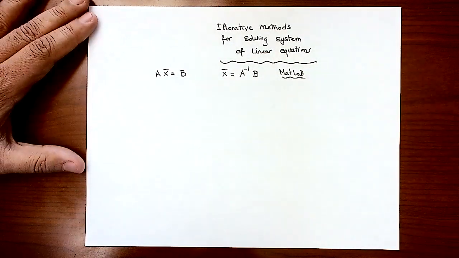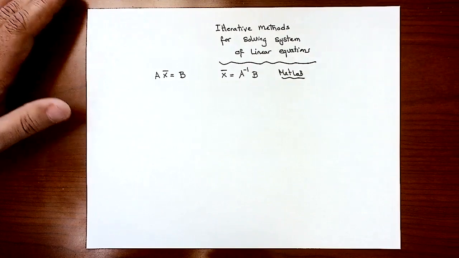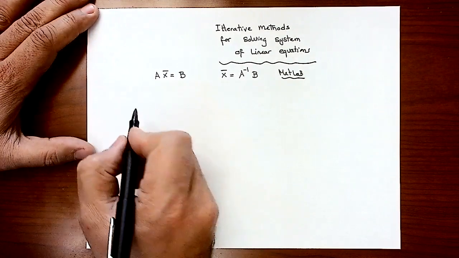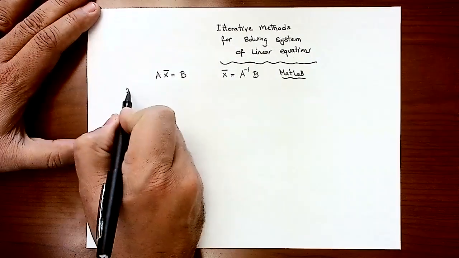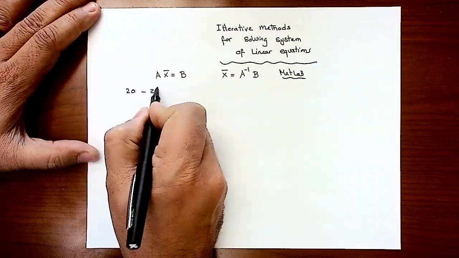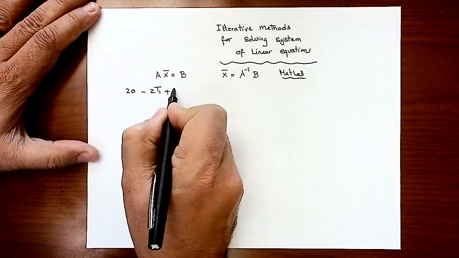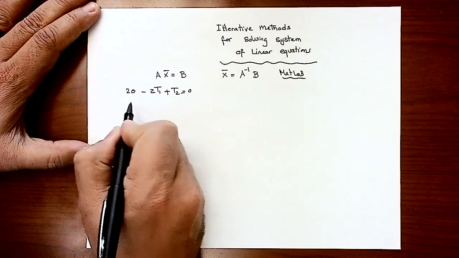Let's recall the system of linear equations that we solved using MATLAB. In the previous one, it was 20 minus 2 t1 plus t2 equals 0.